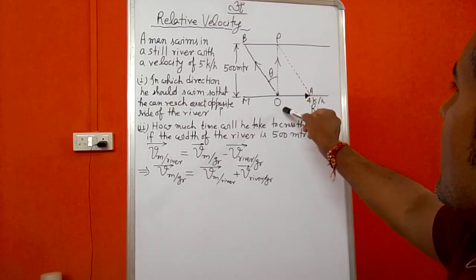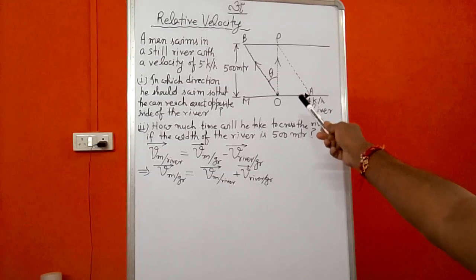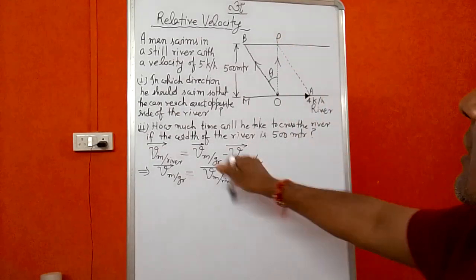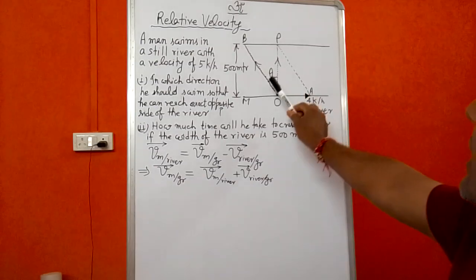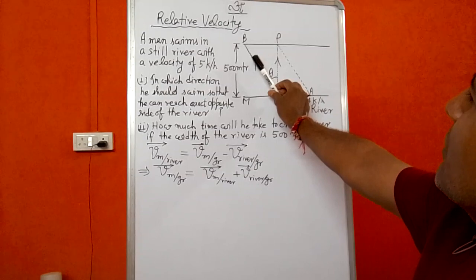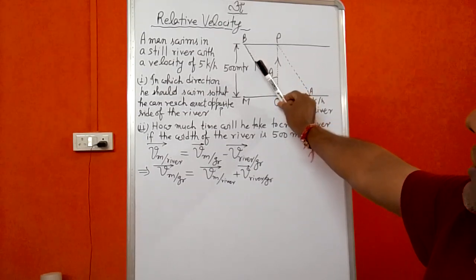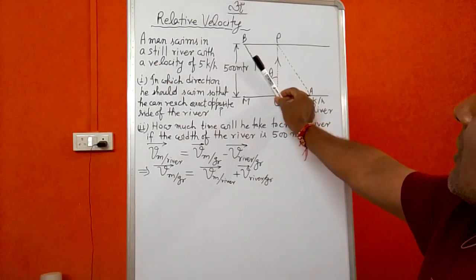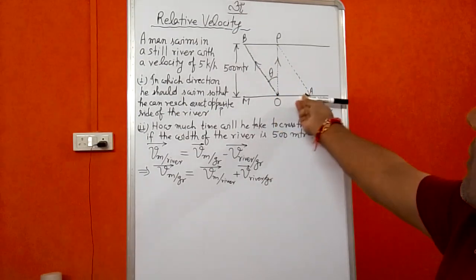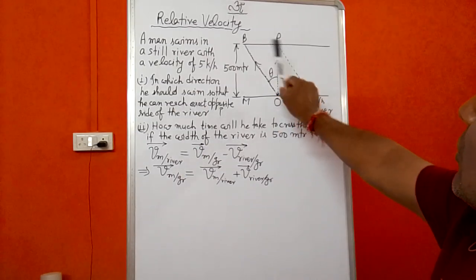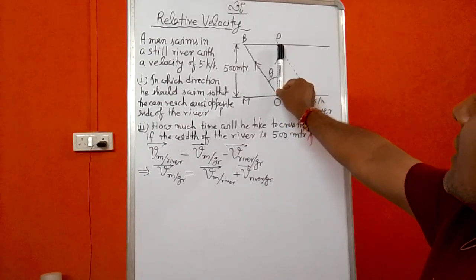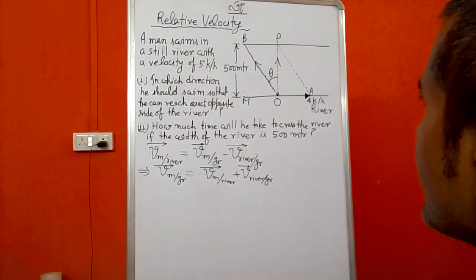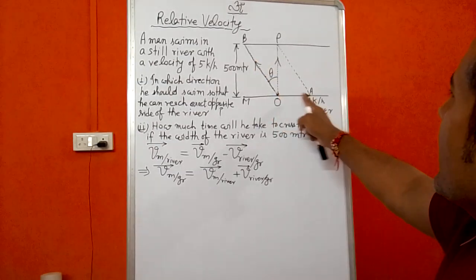Let's suppose if we look from outside, this man should reach directly opposite from here, only then it will be considered that he reached the exact opposite side of the river. Means he has to point himself in this direction, only then the resultant will come here. Now look at the movement of my finger. This is the velocity of the person and this will be the direction. And this is the velocity of the river. So if the resultant of this vector and this vector comes like this, only then the person can reach the exact opposite side of the river. Is the point clear?